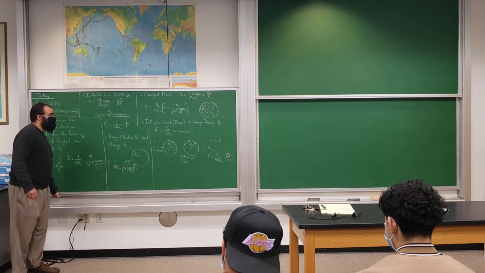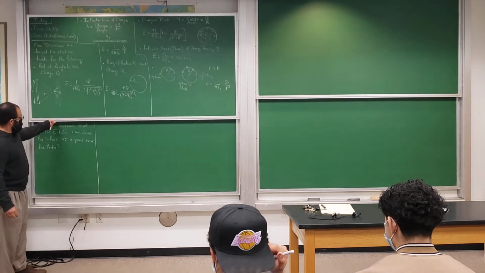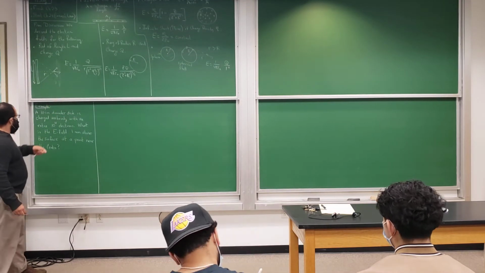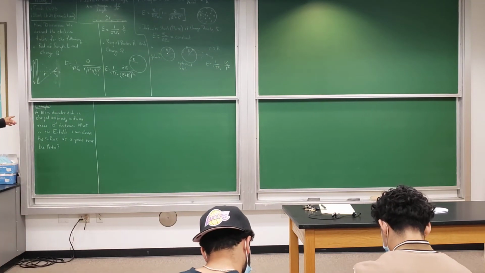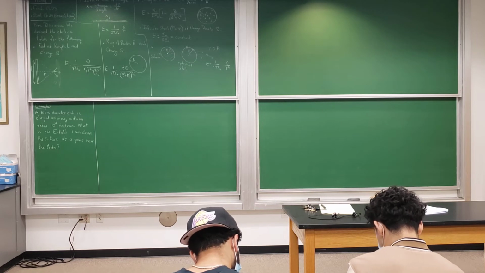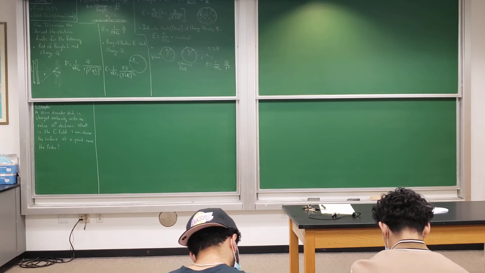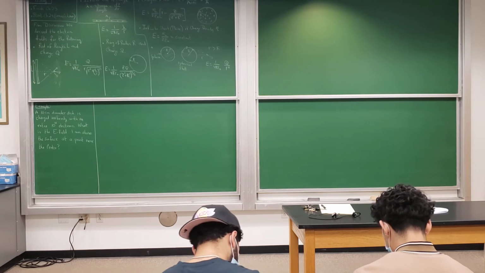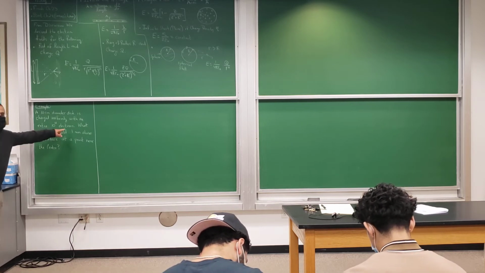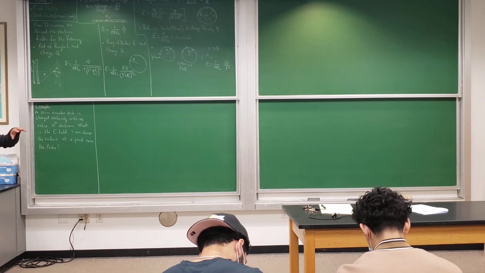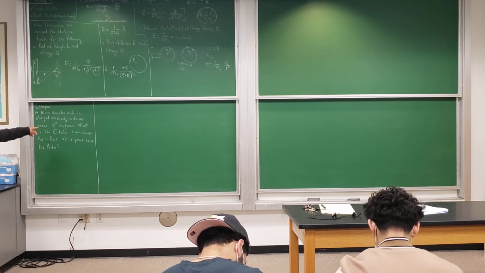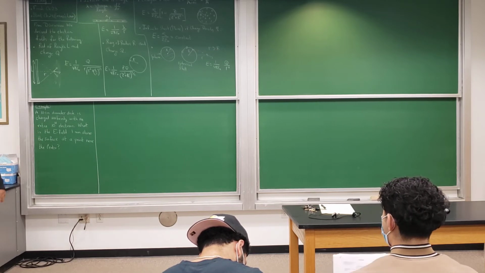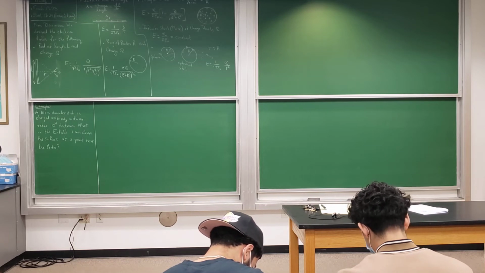So here is the example. We have a 10 centimeter diameter disk, so it's a disk of charge. And it's charged uniformly with an extra 10 to the 11 electrons. So you take 10 to the 11 electrons, 100 billion electrons, and you add them on the disk. So the disk is uniformly charged.